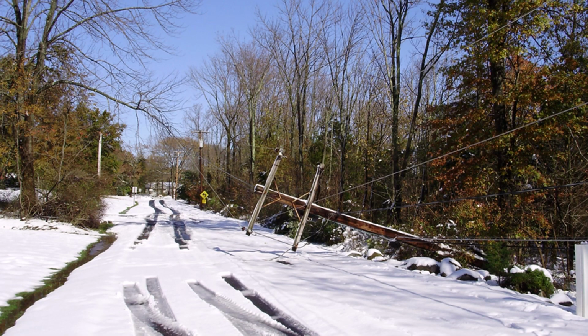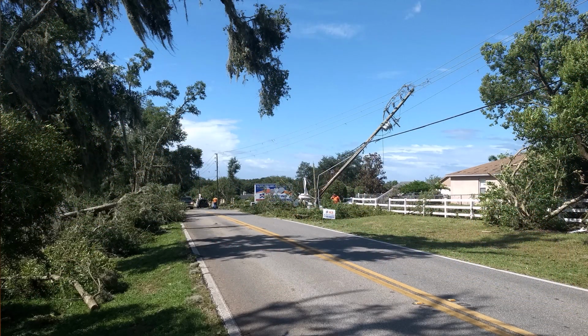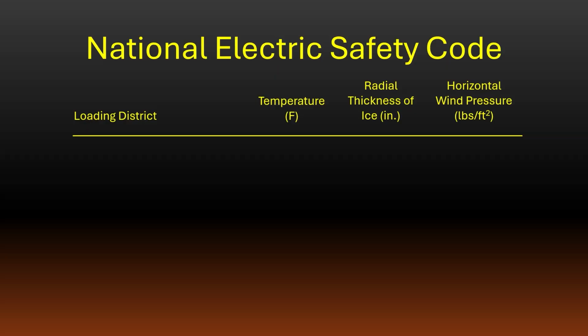Exactly how much wind utility poles need to be designed to withstand has been outlined in the National Electric Safety Code. The NESC has divided the U.S. into 3 primary loading districts, based on the expected wind and weather conditions over time.